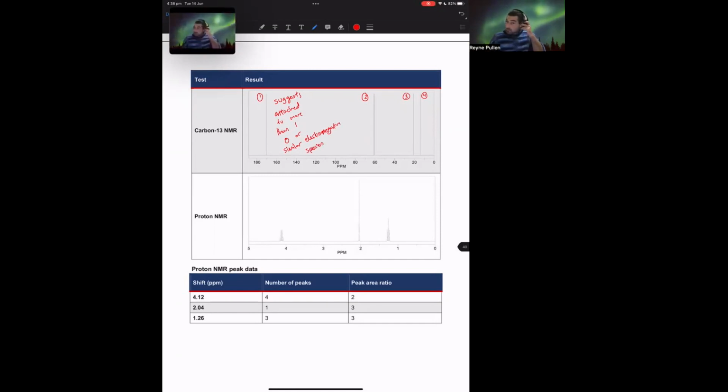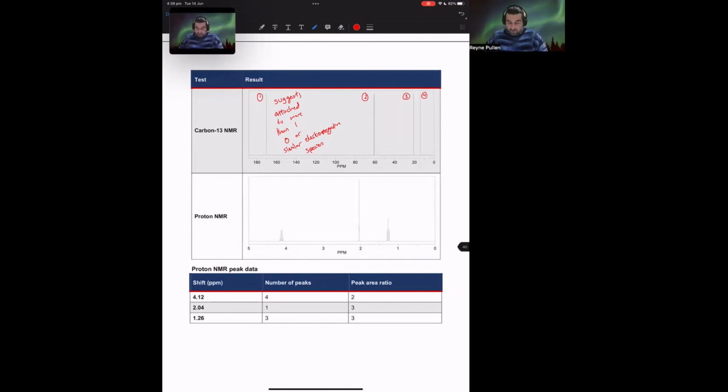Okay, so that carbon must be attached to something very electronegative, and in fact, likely a couple of electronegative things. Peak number 2, similarly, is at about a ppm of 60, which to me would suggest that it's likely attached to something electronegative. Often that can just be one oxygen, can be other things, but most commonly oxygen is quite a prevalent theme in a lot of these kinds of compounds.